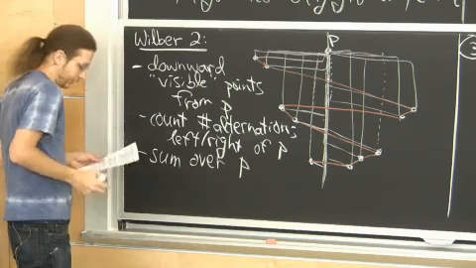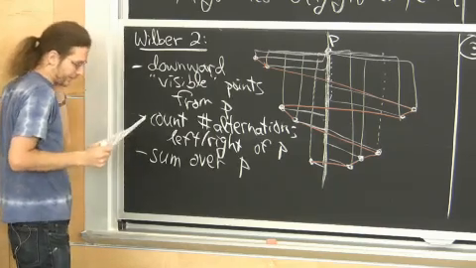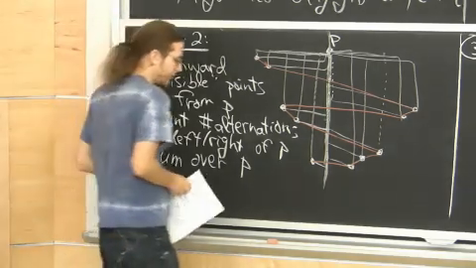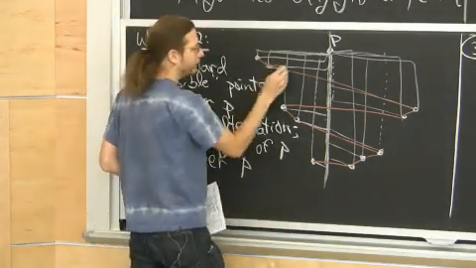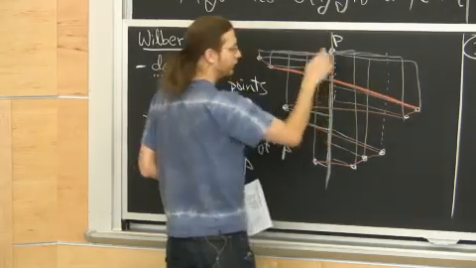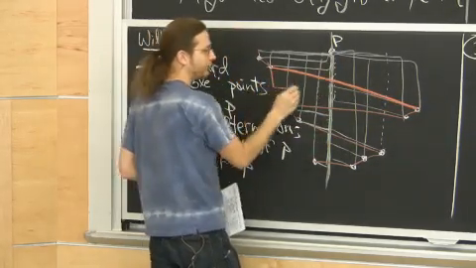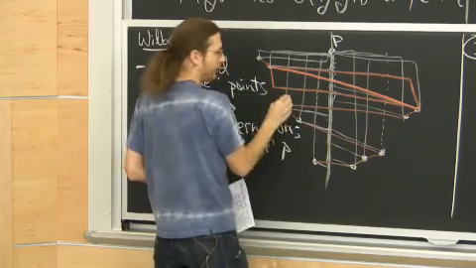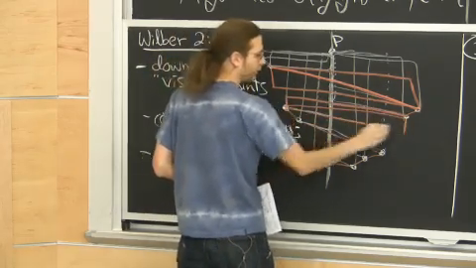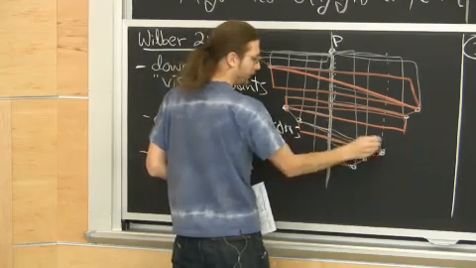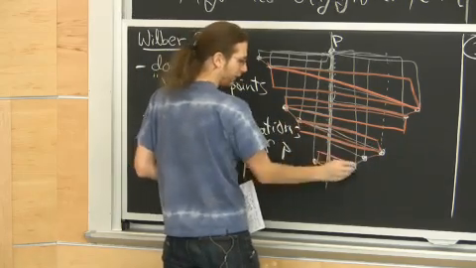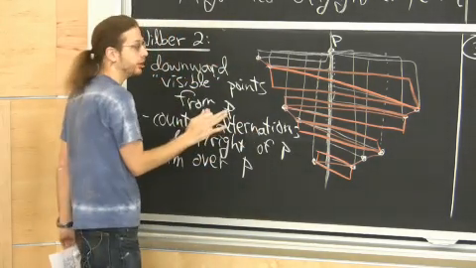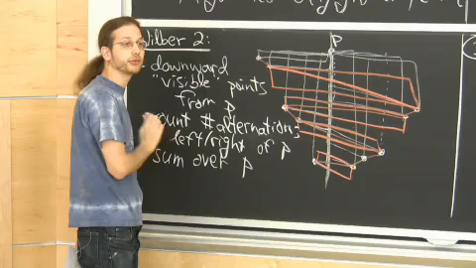Okay, why is it a lower bound? Essentially, I take each of these red lines that cross the P vertical line, and I turn them into a box. So there's one there, one there, one there, and one there. I claim if I do this for all P, all those boxes will be independent.